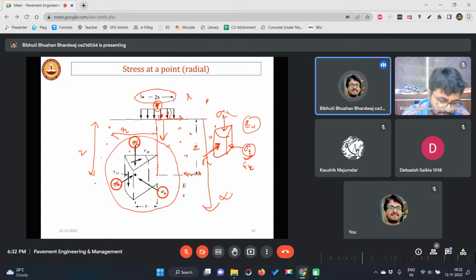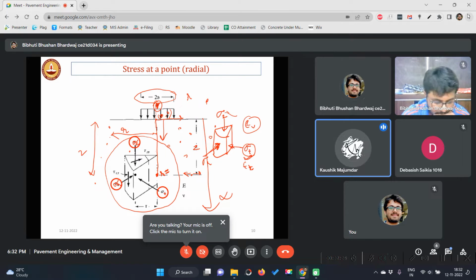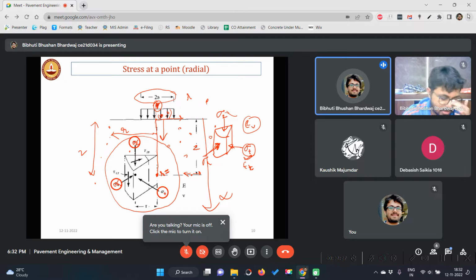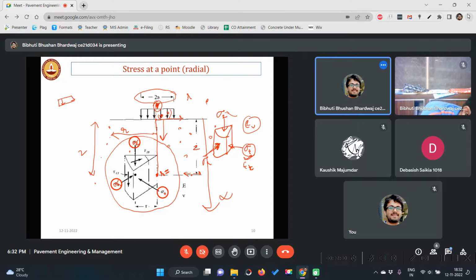If we know r and z, we can directly say where the point is situated, right? What will be the value of r here? R means radial distance from the central line. This is my load, and this is my central line from where r is measured, symmetrically.